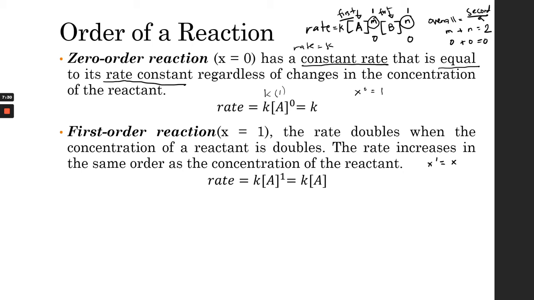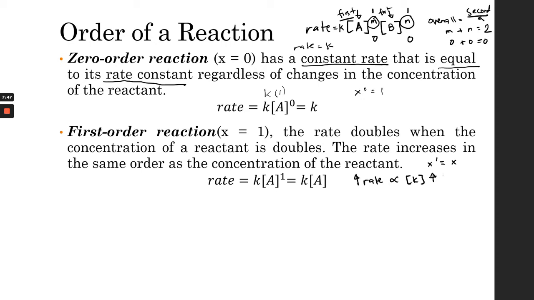So ibig sabihin lang nito, your rate is proportional, so that's kind of like a symbol for direct proportion, is directly proportional to your reactant concentration. What that means is if I raise my concentration, ang rate ko tataas din siya.